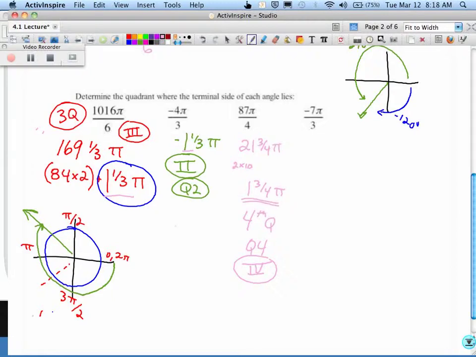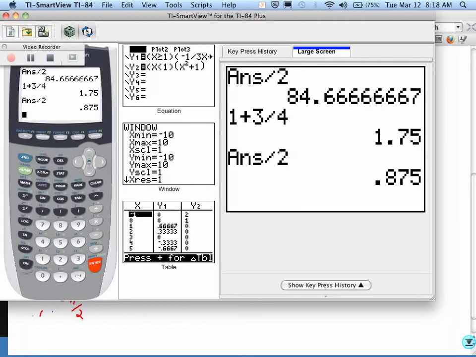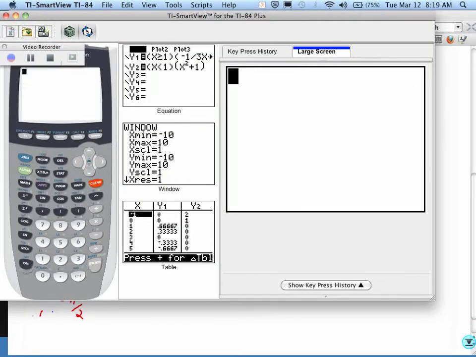What I'm working on is finding a coterminal angle that's somewhere on the circle, just one revolution one way or the other. I don't want to spin around the unit circle 10 times, 20 times. That's a waste of our time. As long as you can figure out what that extra piece is, we ended up with 1 plus 3 divided by 4, right?